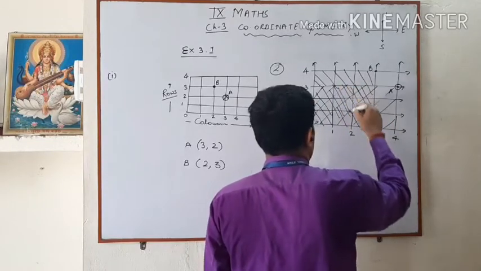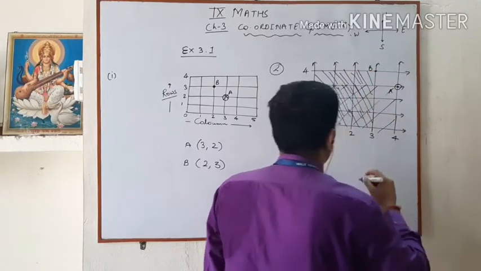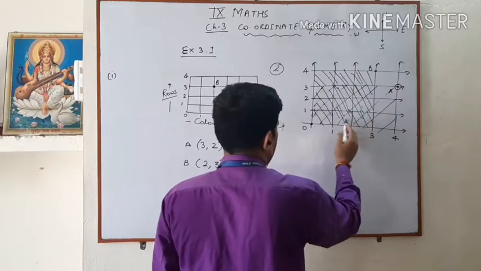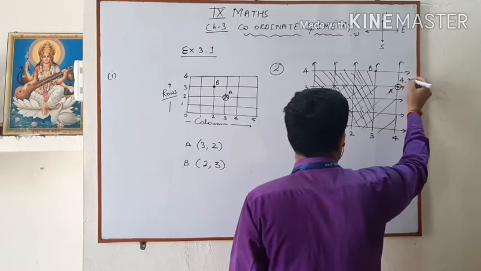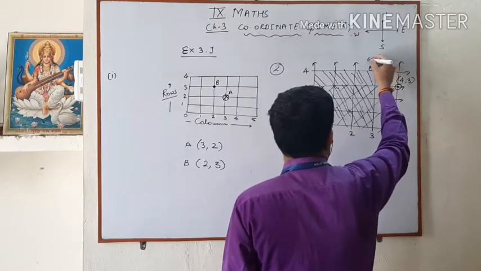Again, 1, 2, 3, 4, 5, 6, 7, 8, 9, 10, 11, 12. So here the position is known as 4, 3 and here the position is known as 3, 4.